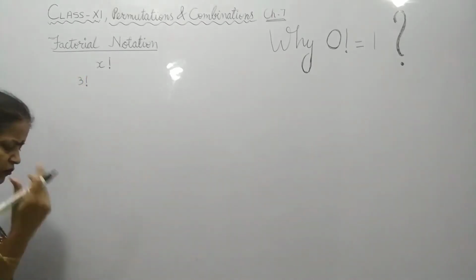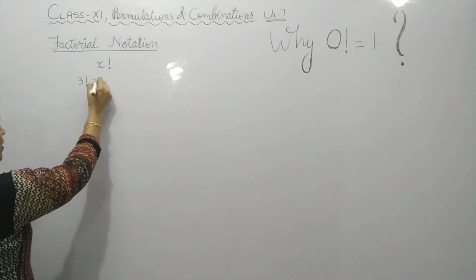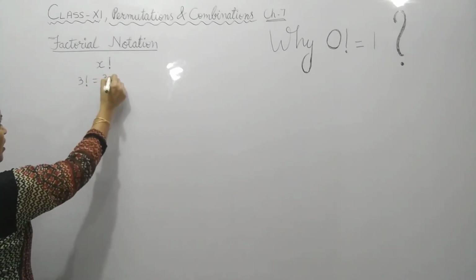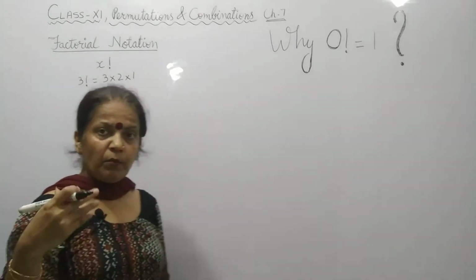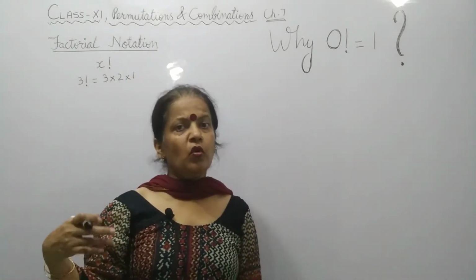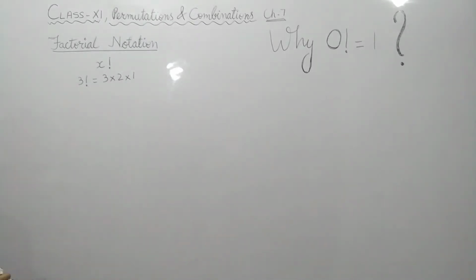If we have to expand this number, I can write 3 multiply 2 multiply 1. It means the number goes on decreasing up to the last natural number.